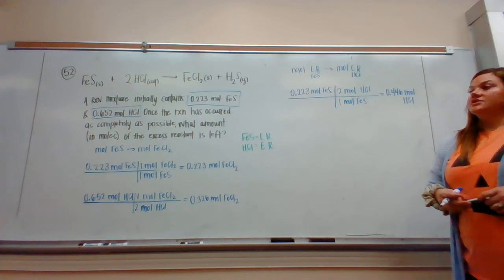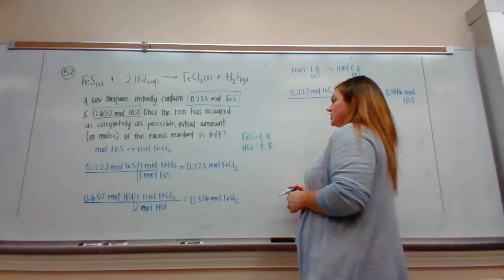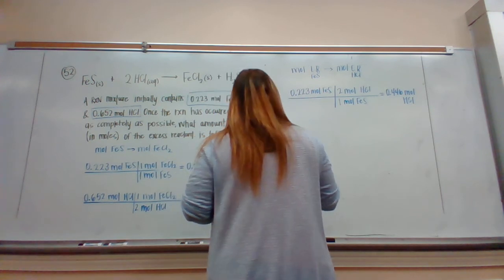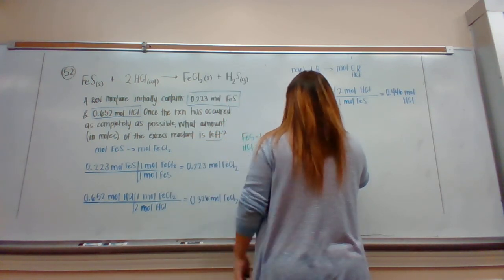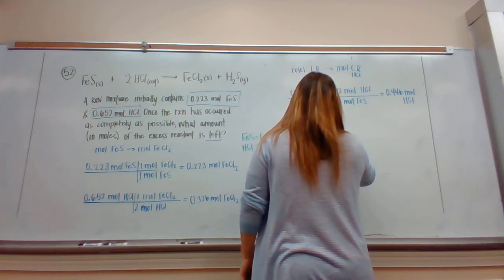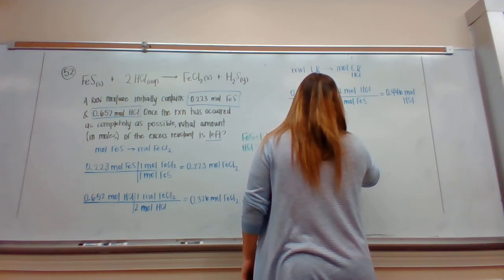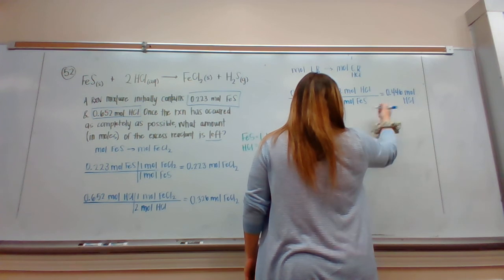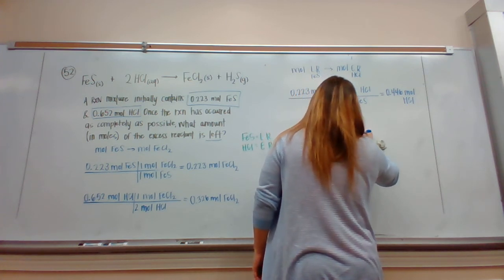Okay, so the question is how much is left. So you start with how many moles we were given of HCl, which was 0.652. Subtract how much I'm actually going to use.